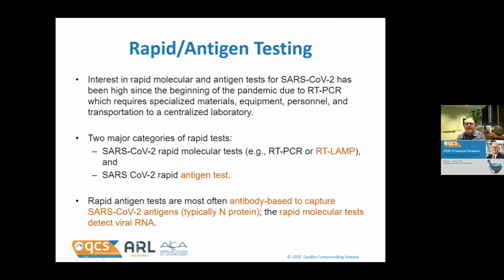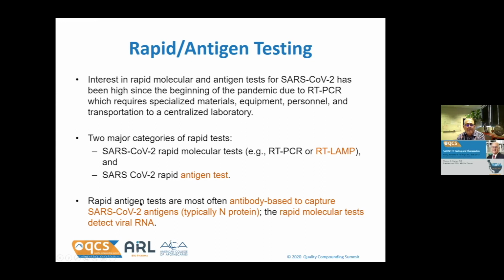Okay, rapid antigen testing. The interest in the rapid molecular antigen testing for SARS has been high since we started. And that makes sense. I mean, this is a major serious issue. And the quicker you can test and understand it, the better we can deal with it. So 2 major categories of these rapid tests are the rapid molecular tests and the antigen tests.